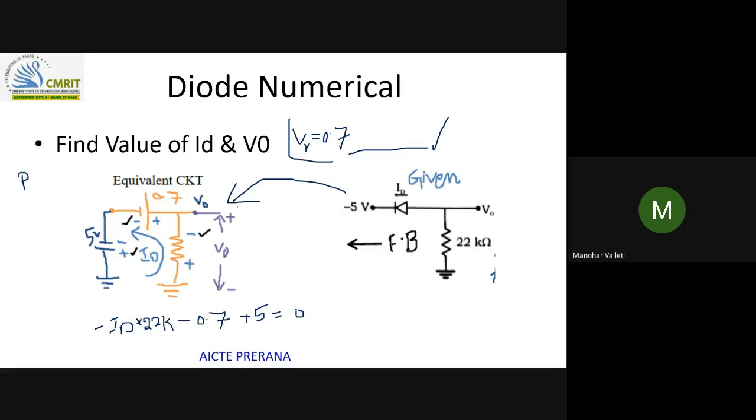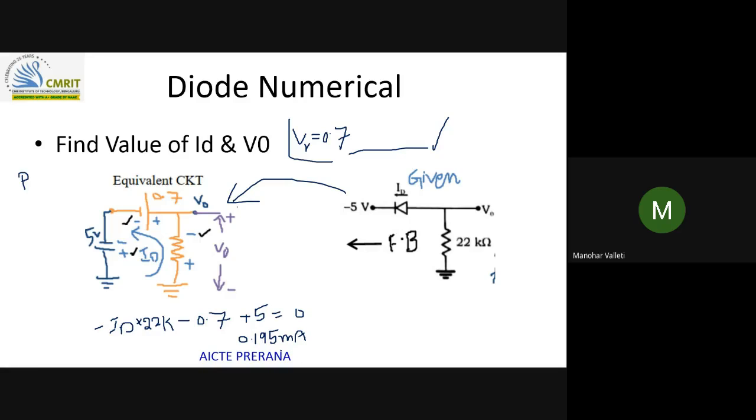From this, ID equals 4.3 divided by 22K, which is 1.95 into 10 power minus 4 amperes. In milliamps, it is 0.195 milliamps.